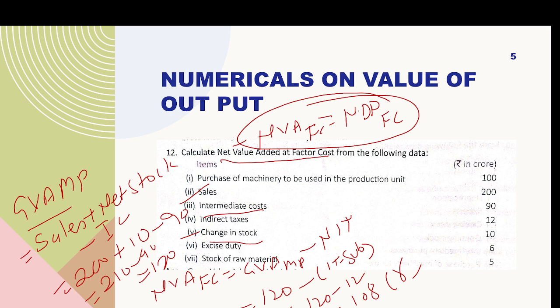Gross minus NIT, that is the depreciation. And depreciation has not been given. So what will be there? 0. 108 crore will be the answer. Depreciation has not been given in the question, so 108 will be the answer.